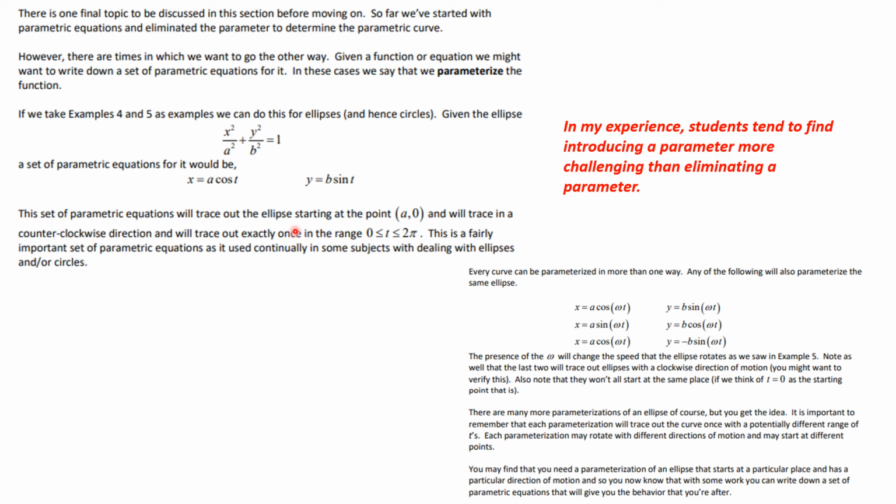This set of parametric equations will start at (a, 0) and will trace counterclockwise, the entire thing from 0 to 2 pi. So that's one way to do it, but you can do it a whole bunch of different ways, and these will start at different places.